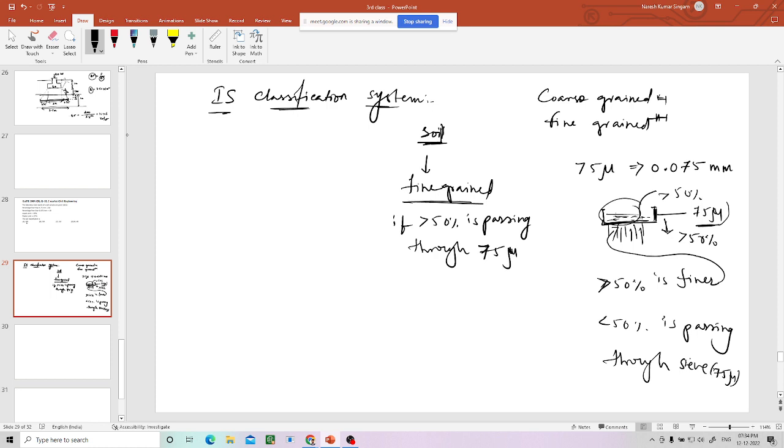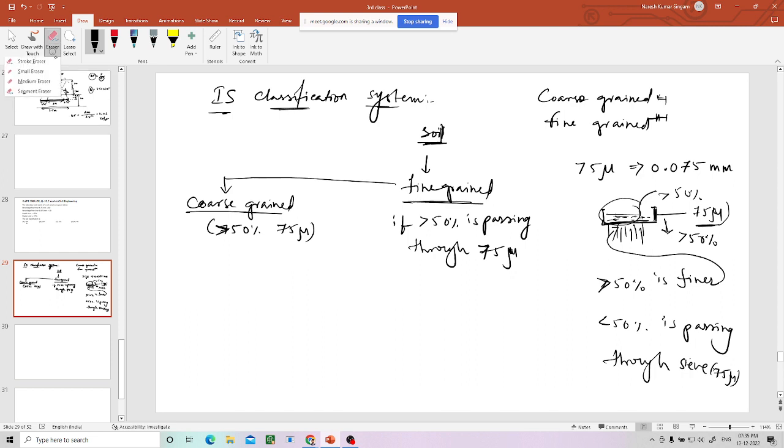Otherwise it is coarse grained, that is, less than 50% is passing through 75 micron.